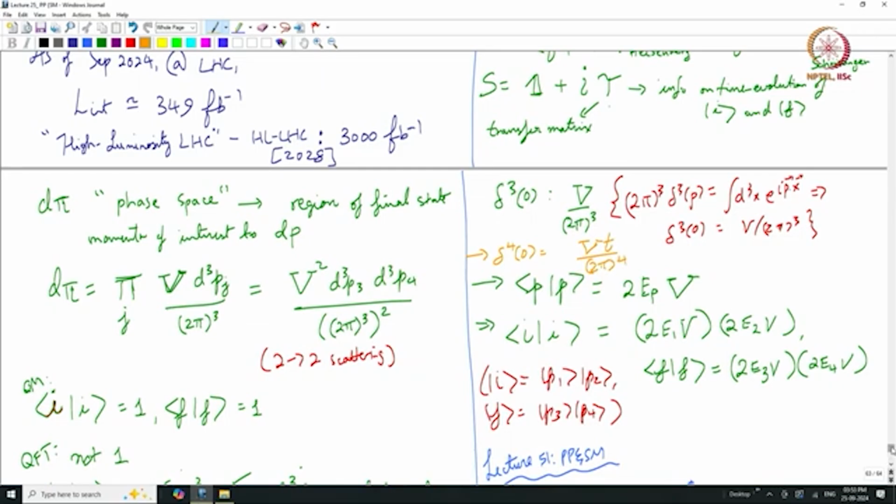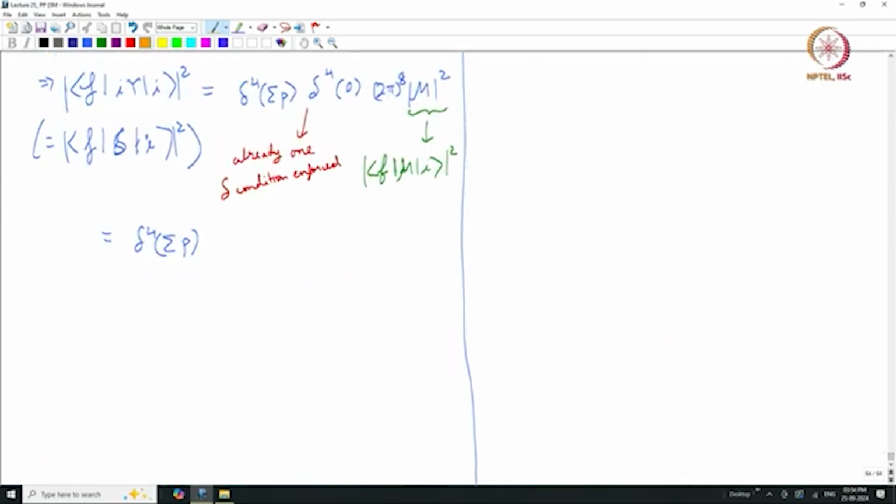Yeah, that is all it means, right. So that is what I am going to write down here. It is just volume times time. Now there is a 2 pi power 4 in the denominator, that cancels a 2 pi power 4 in the numerator, so that I just have 2 pi power 4 left from that 8, times M squared.